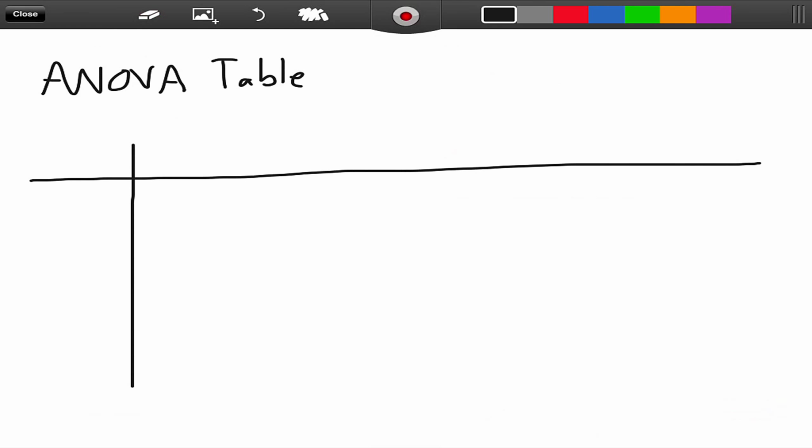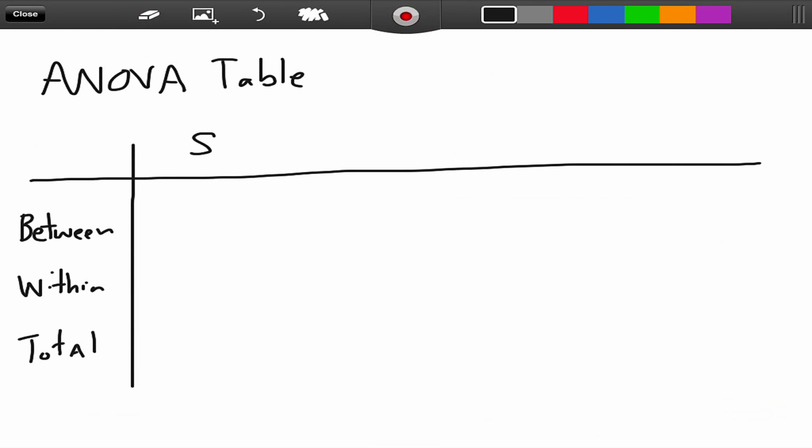We're going to look at the between variation, the within variation, and the total variation.